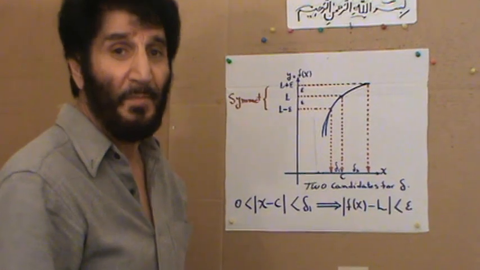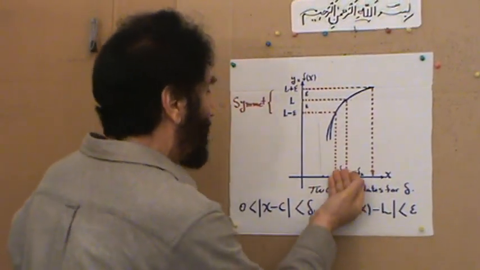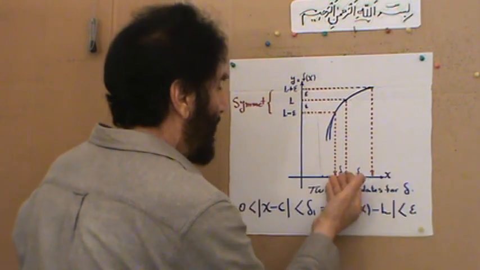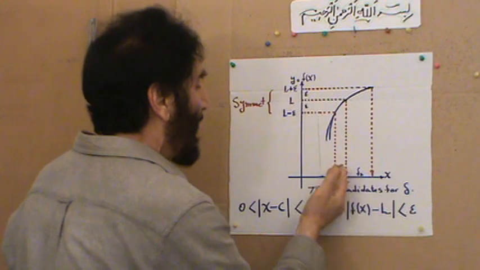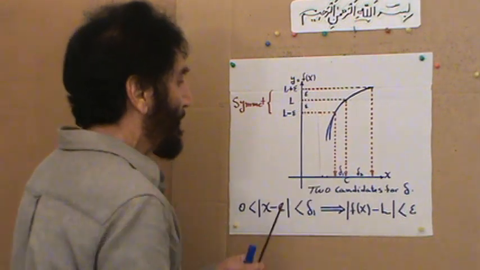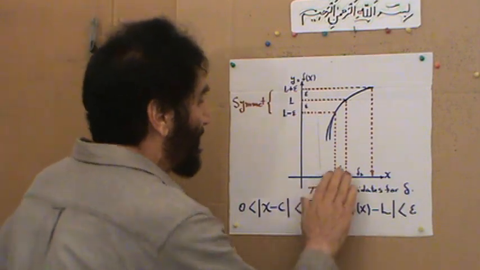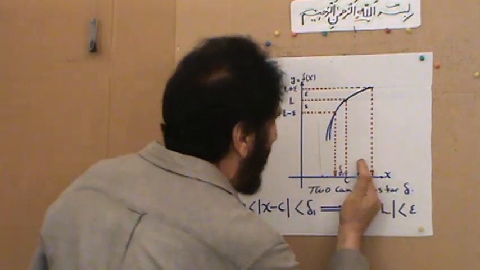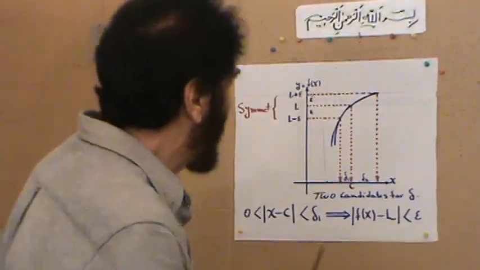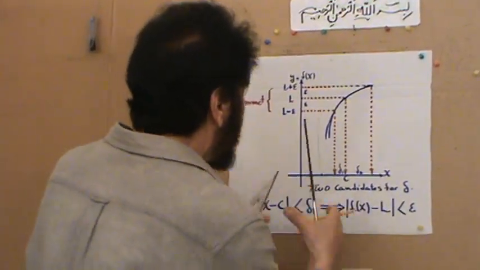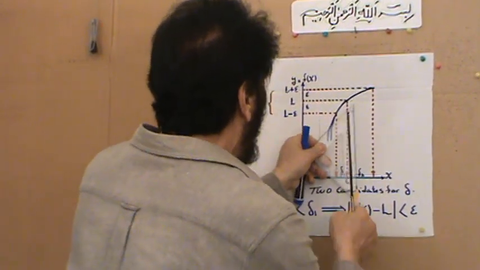So what about delta 1, which is the smaller of the two? When I take delta 1 to this side, and what is the other one? If I go to the left of that, it will again follow. Let me graph that one. Same distance. Let's say delta 1 is an interval this much, and I go up.